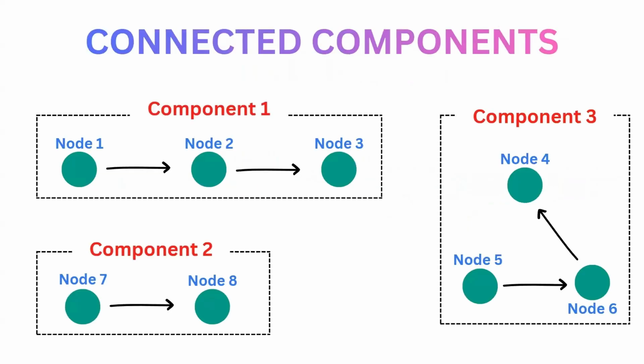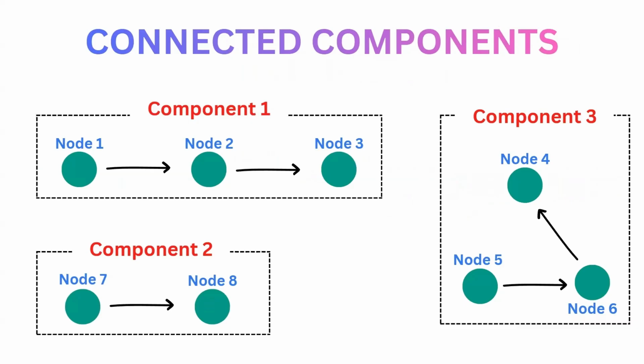Let's talk about connected components, where every vertex is reachable from every other vertex in that subgraph, and there are no connections to vertices outside of this subgraph. Let's try to understand this with an example. Here we have three different connected components.